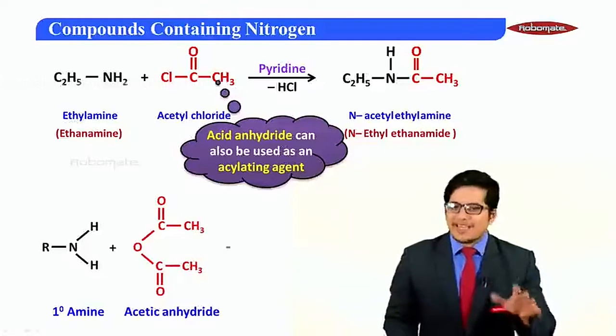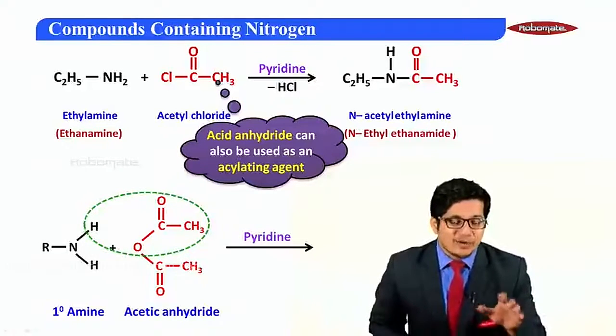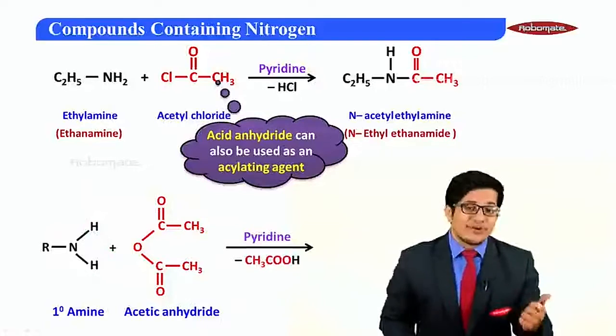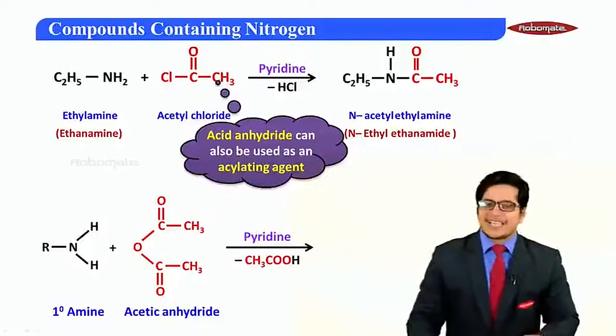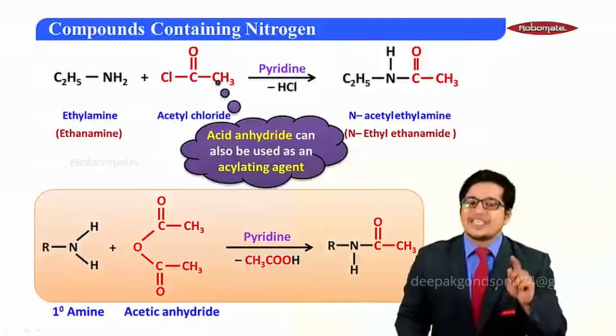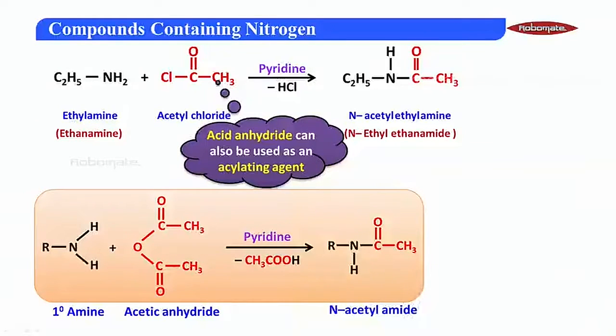Now what would happen? H would combine with CH3 C double bond O in presence of pyridine, giving us CH3COOH, that is acetic acid. And now you are getting a compound that is RNH C double bond OCH3. Again, is it N-acetyl amide? Yes, it is N-acetyl amide.